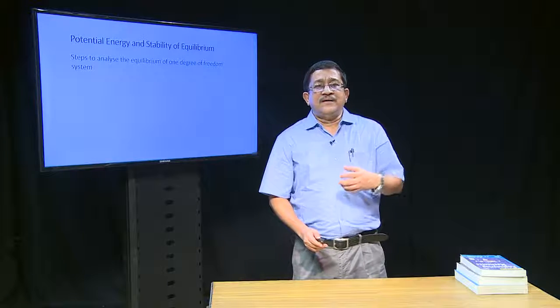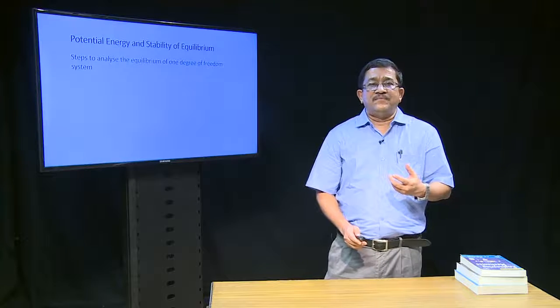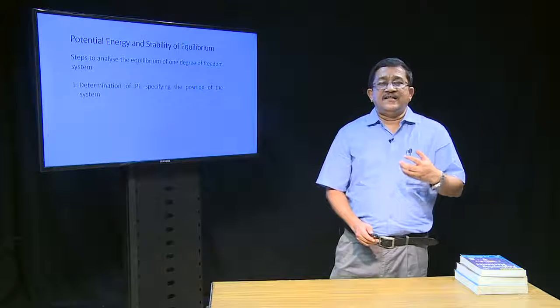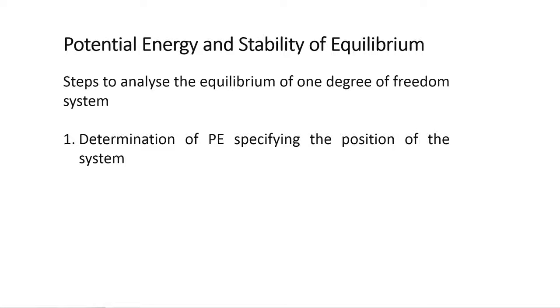Now, stability of equilibrium. The steps to analyze the equilibrium condition of a 1 degree of freedom system. The first step is determination of potential energy specifying the position of the system.